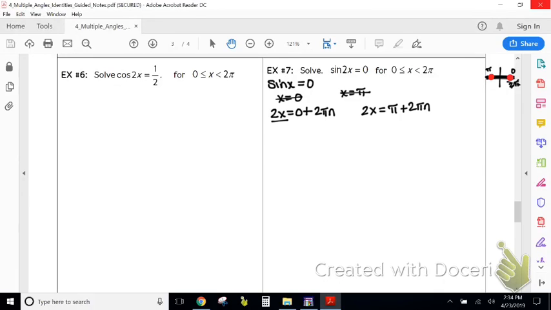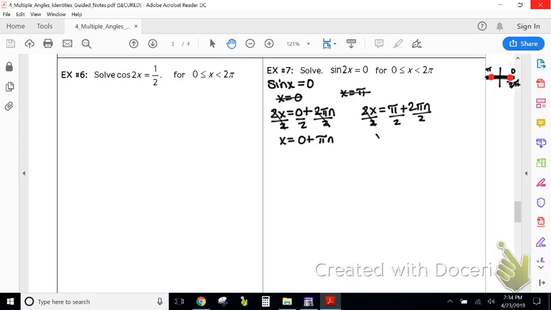Now we need to solve for x, so divide everything by 2. And so we get x equals 0 plus pi n, which you can reduce if you want to.